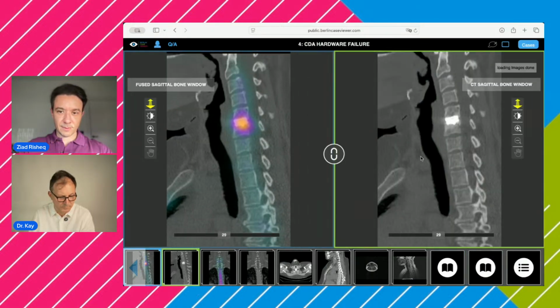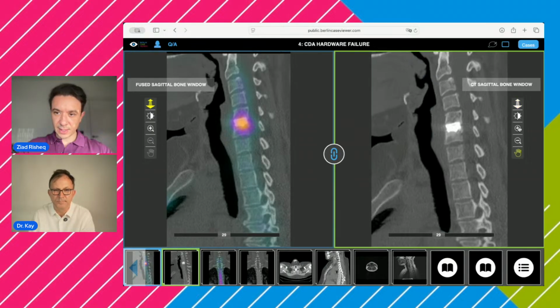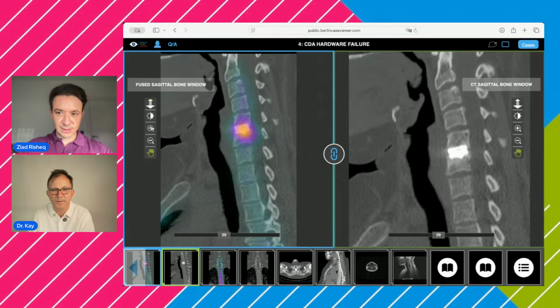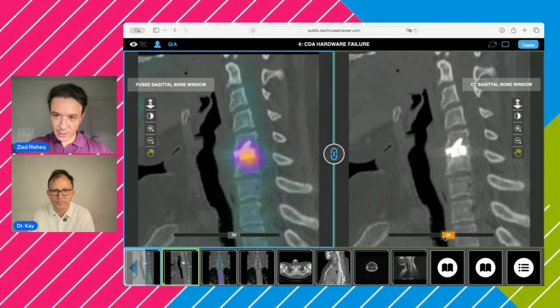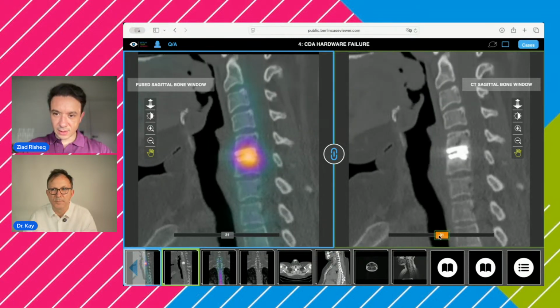If we look at the CT part, you can see there is a bit of osteolysis and degeneration, or you can call it cystic degeneration, and this is all showing intense uptake. There's a bit of sclerosis, and it is all showing intense uptake.